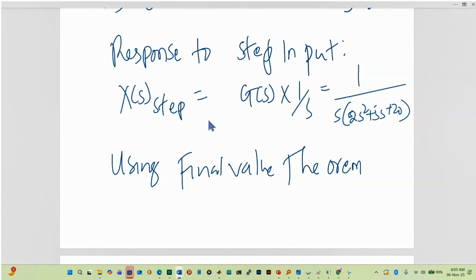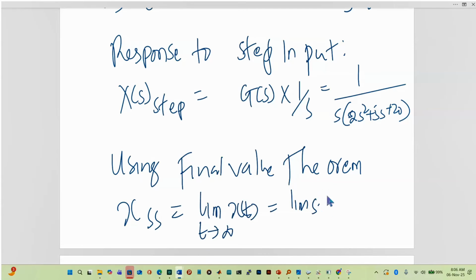The final value theorem says that if we want to determine the steady state value when we give it a step input, this is going to be the limit, first of all, as t tends to infinity of x(t), which is equal to the limit as s tends to 0 of s times X(s).